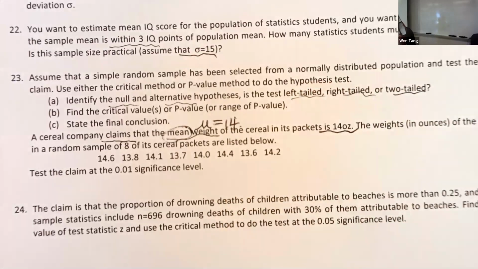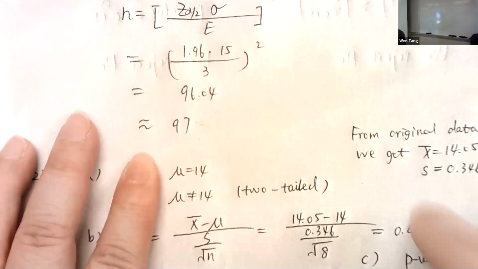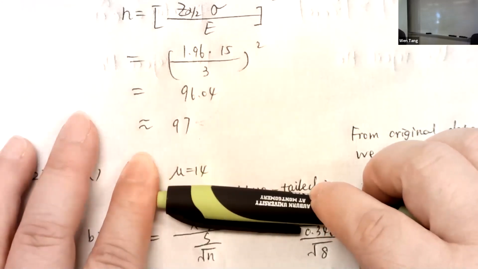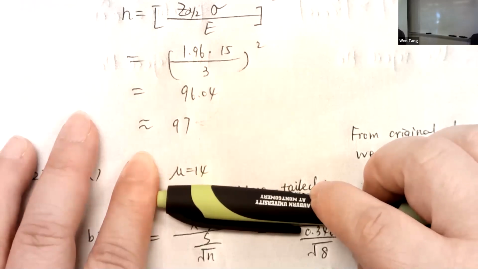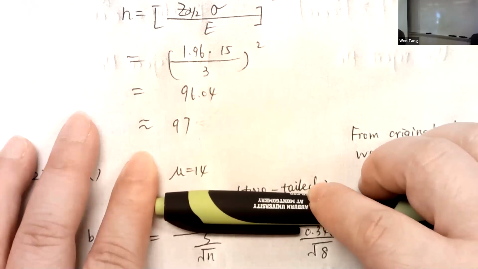So this is the original claim. We transfer our claim into the expression: mu is equal to 14.